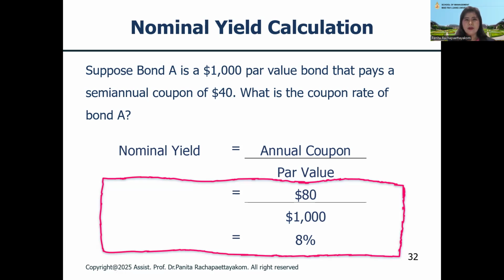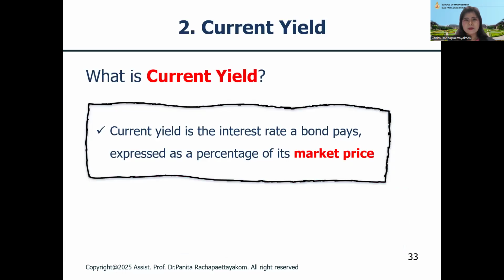The second type of yield I want to introduce is the current yield. What is the current yield? The current yield evaluates the current price of the bond, rather than looking at the return from the face value of 1,000 Thai baht.